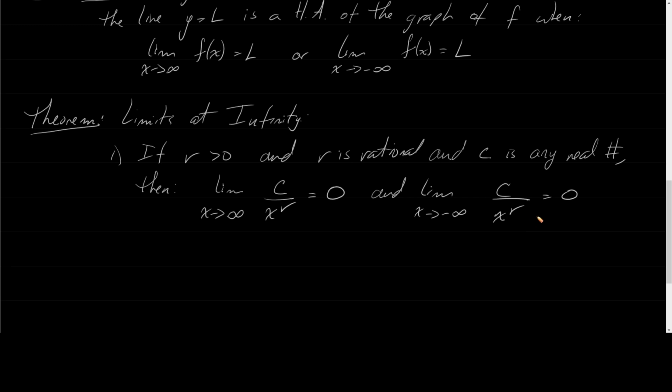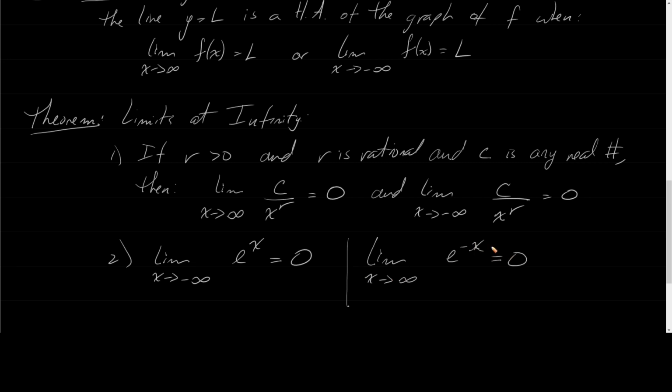Now that's for this kind of limit where we have a constant over x to a power. Now the second scenario: the limit as x approaches negative infinity of e to the x equals 0. Similarly, the limit as x approaches positive infinity of e to the negative x is also equal to 0.